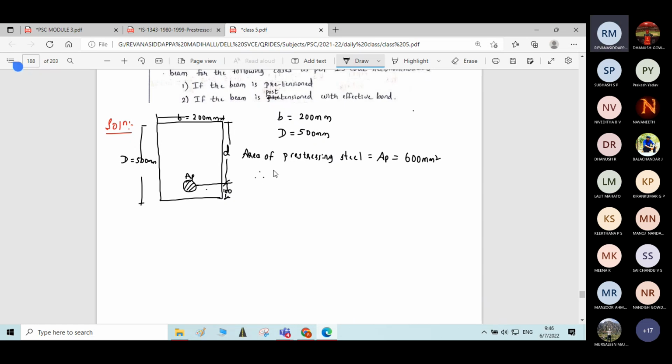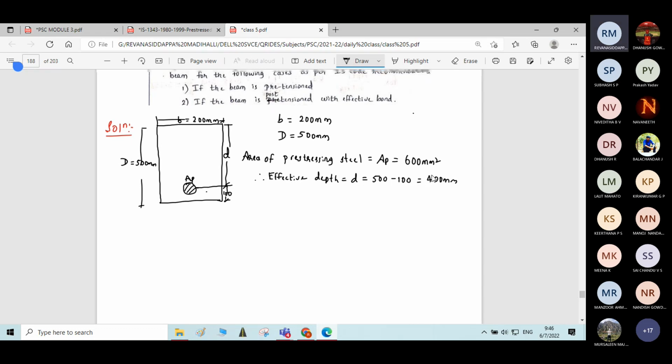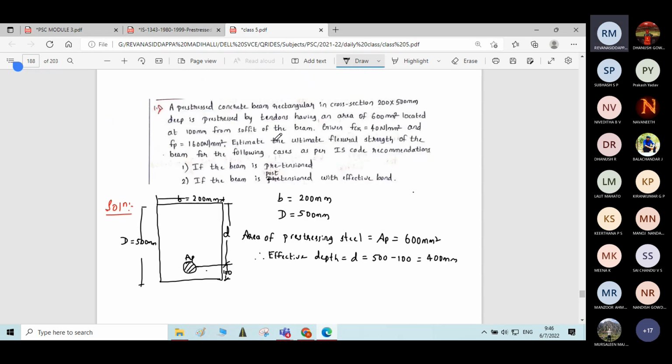Effective depth d will be equal to overall depth 500 minus effective cover 100 mm. So effective depth will be 400 mm. Okay. Then what else is given?